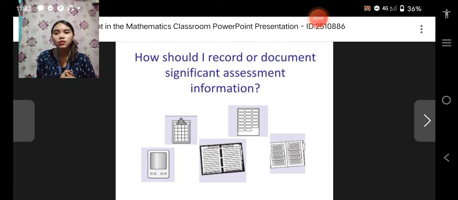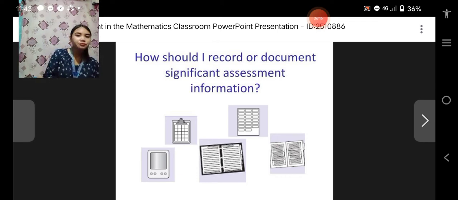This is because of the important role of these records in the process of efficient information production. The assessment records are a vital source of accountability because they provide evidence.